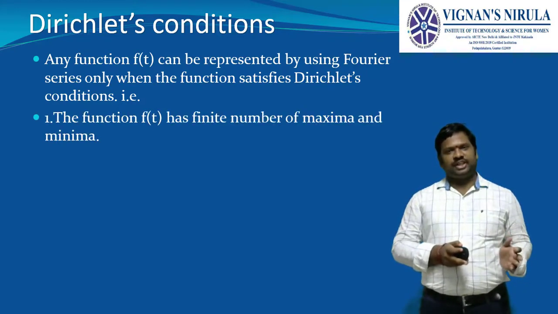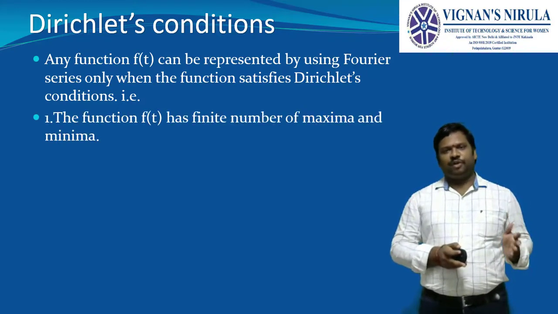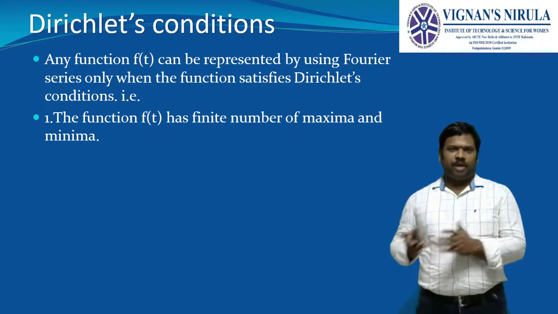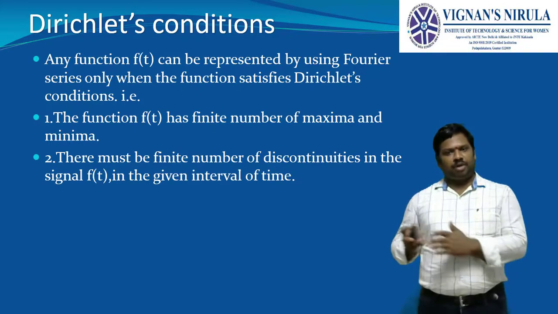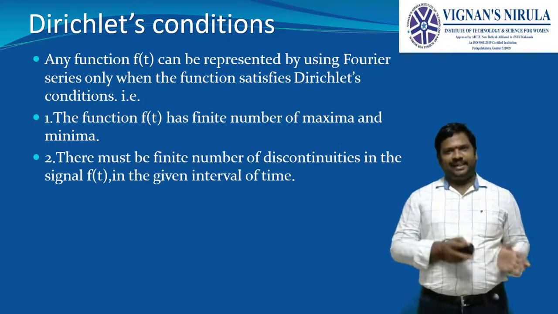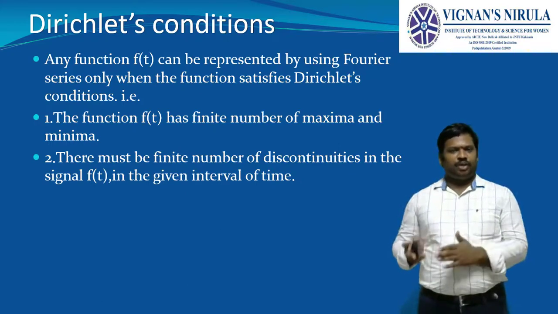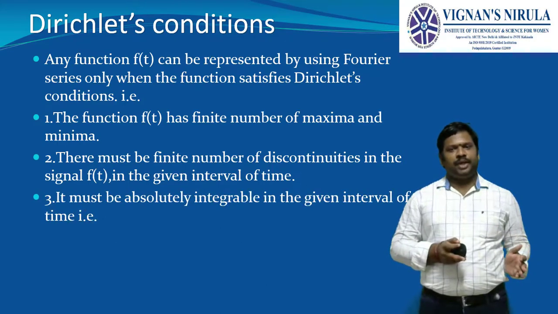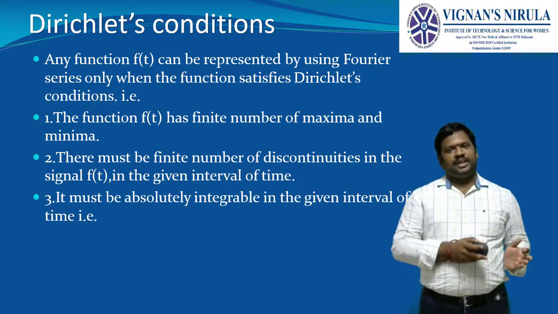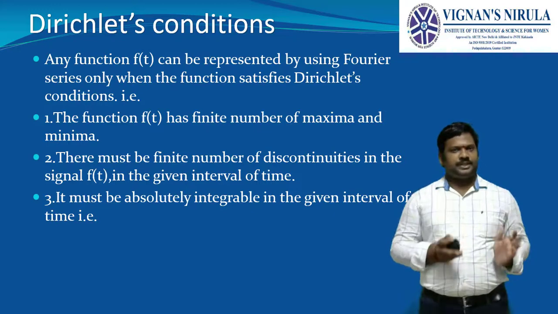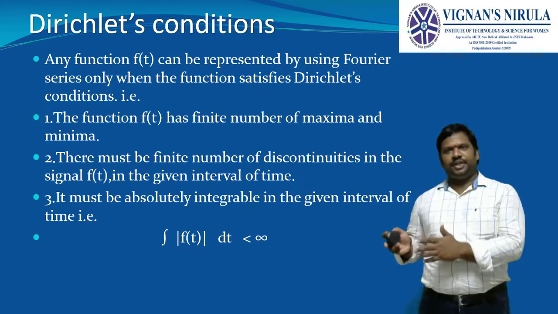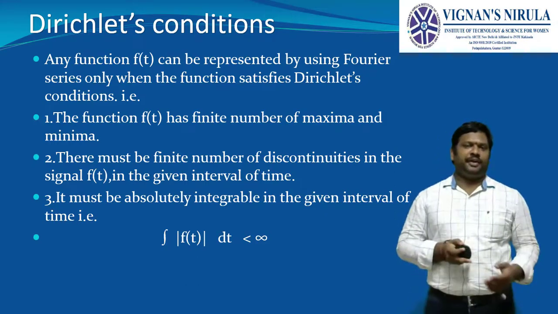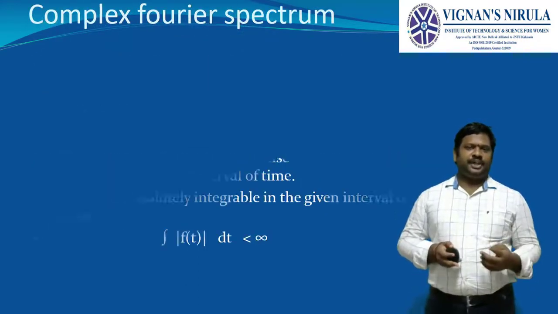What are those conditions? First, the function f(t) has a finite number of maxima and minima. Next, there must be a finite number of discontinuities in the signal f(t) in a given interval of time. And the third, it must be absolutely integrable in the given interval of time, that is, the integral of the magnitude of f(t) dt is less than infinity. Those are the Dirichlet conditions.